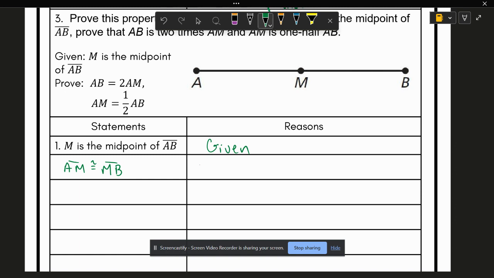So in this case, this would be considered the definition of midpoint. And then, if you look, we're trying to prove equality. So I'm going to switch this to equality. I'm going to say AM is equal to MB. That's the definition of congruence.